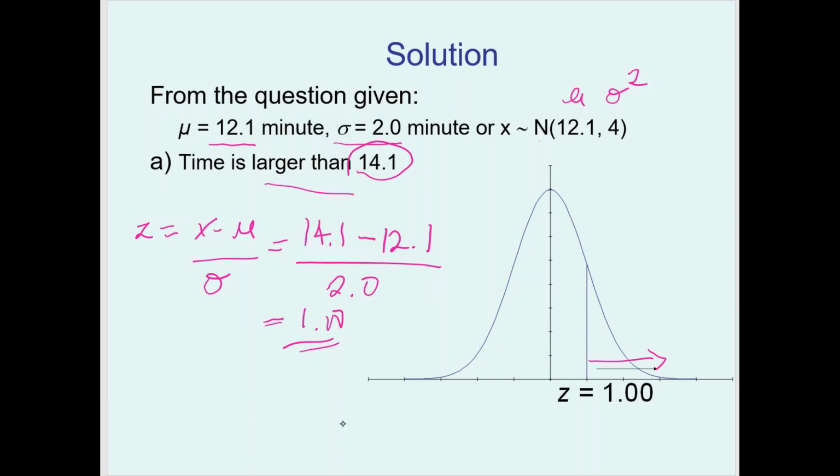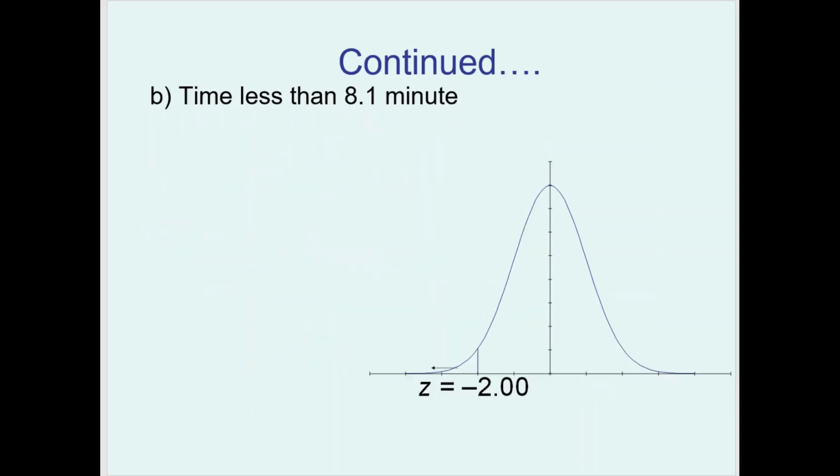Okay, the next question is time less than 8.1 minutes. So this is your x given to you. Z equals x minus mu divided by your standard deviation, given your x is 8.1 minus 12.1, divided by 2.